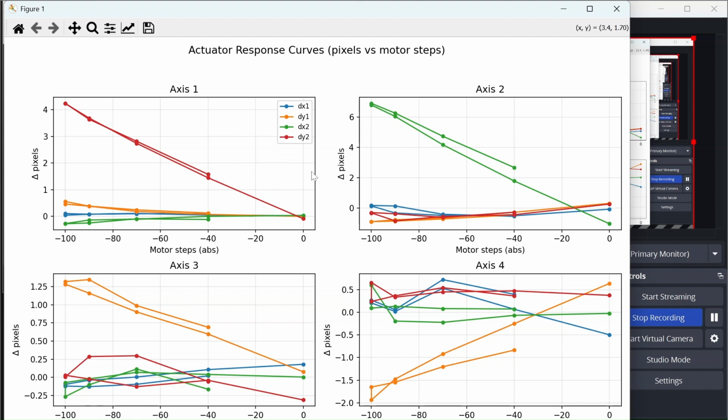The y dimension of the second spot is largely determined by the first axis, and then for the second spot, the change in position of the x axis is largely determined by the second axis. And the same goes for the y position.